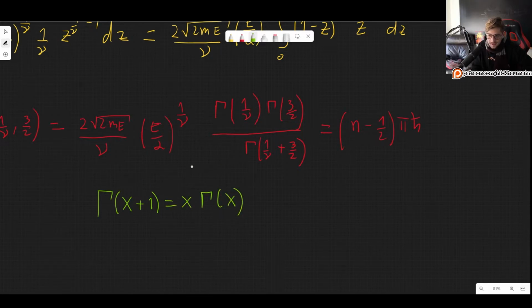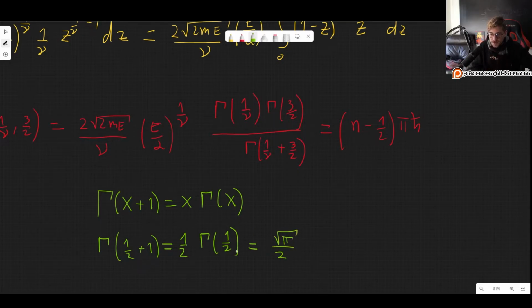So in this case, if you write this gamma function as gamma of 3/2, or rather 1/2 plus 1, this is equal to x, which in this case is 1/2, times the gamma function of x, which again is 1/2. Now the gamma function of 1/2, this is the square root of pi. That is a well-known result. So we can rewrite this part as simply the square root of pi over 2.